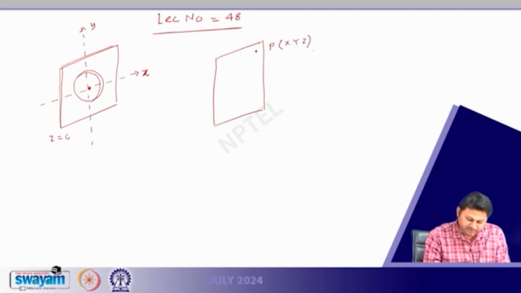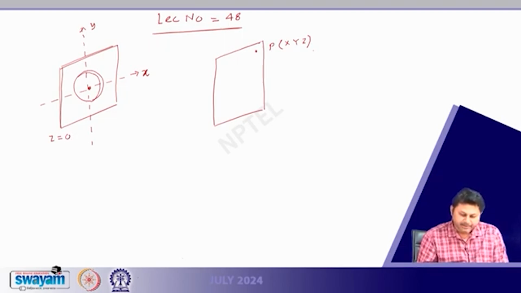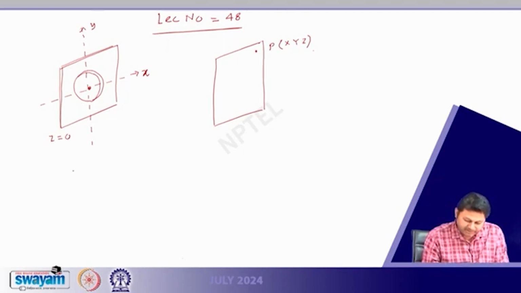Exactly the same treatment I am going to follow. So we know that my dE_P was proportional to E naught divided by R, e to the power of i k r.